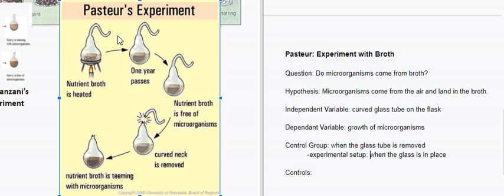And what he found out is that microorganisms would fall into this tube from the air, but they don't have the ability to get up and over the top into the broth. So even though it's open to the air, it stays microorganism free because they can't get to the nutrients down there. And it's not until he breaks off the top that they're able to. So the controls in this case, because he only has one flask, everything is the same. All characteristics are the same.